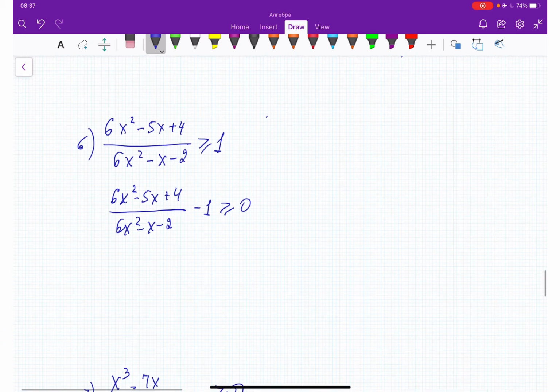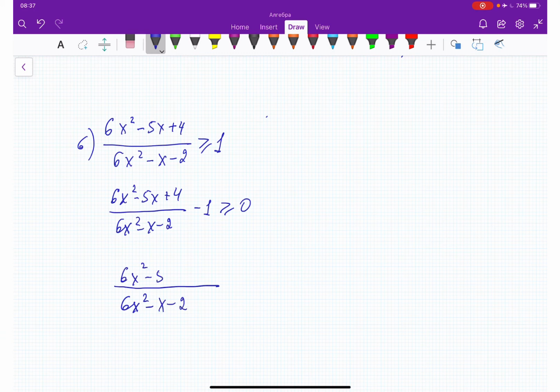We are going to get 6x squared minus x minus 2, 6x squared minus 5x plus 4. Now here I will get, since I have negative 1 only, so I have to divide and multiply. So 6x squared minus x minus 2, and same way 6x squared minus x minus 2. And all that is greater equals 0.